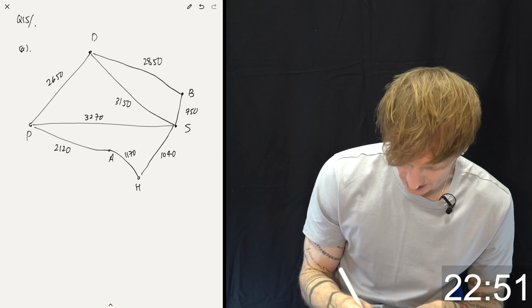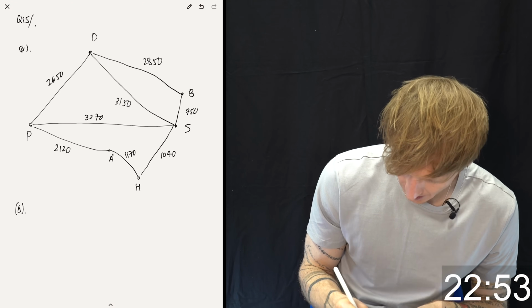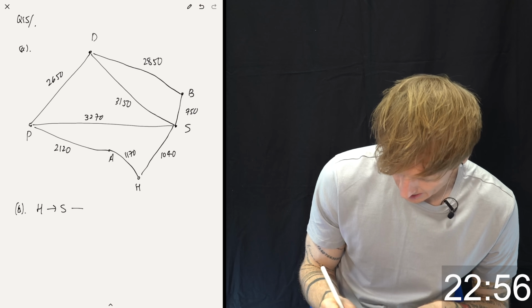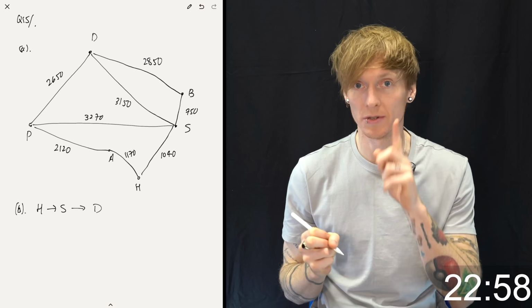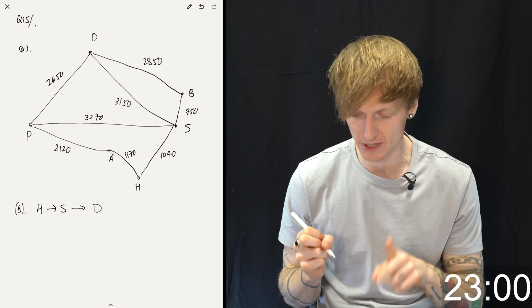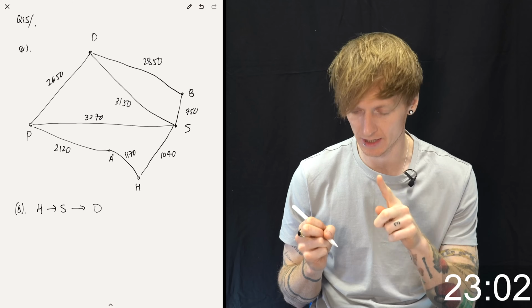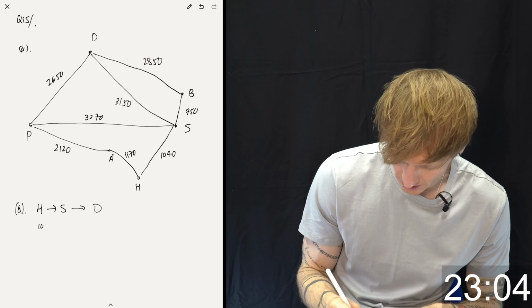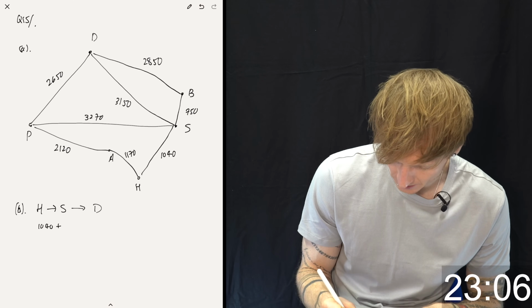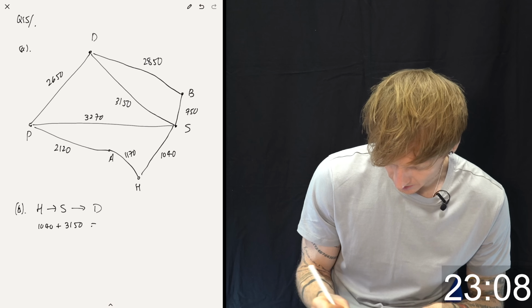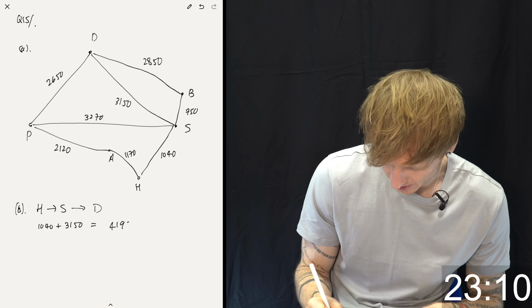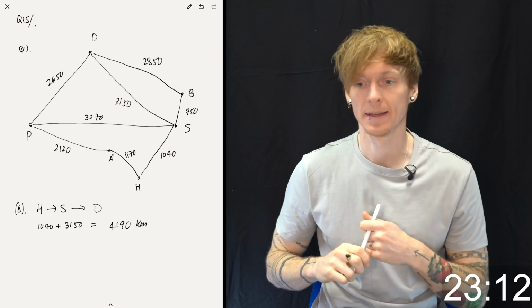So she has to go H to S and then S to D, the only possible route with a single change. So that's 1040 plus 3150, so the total is 4190 km.